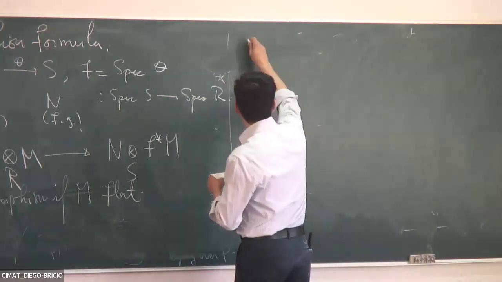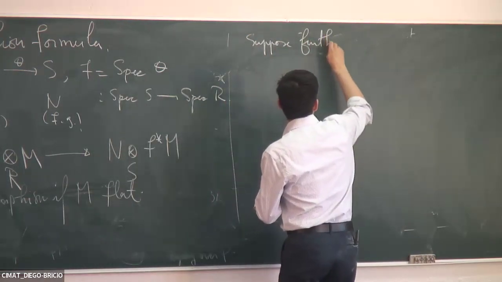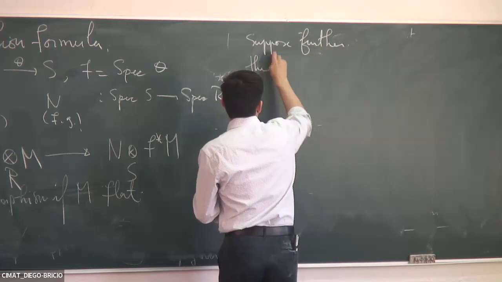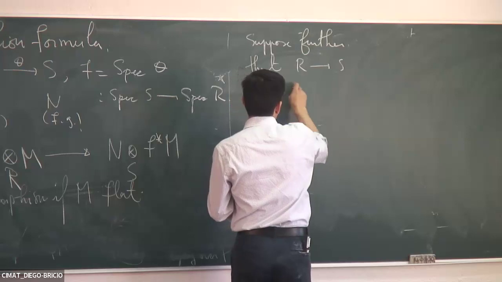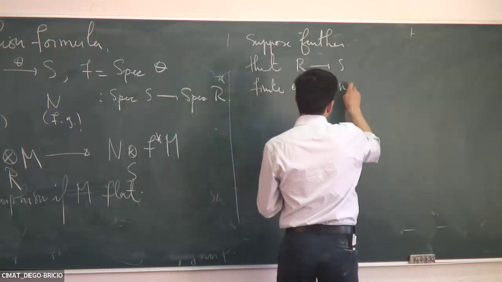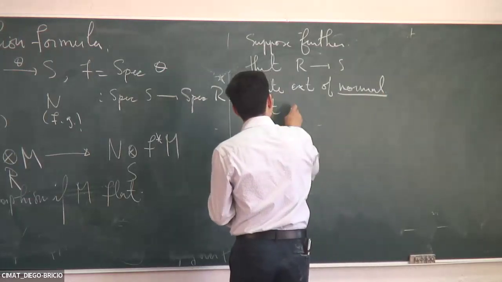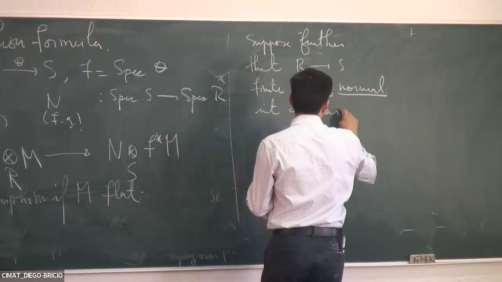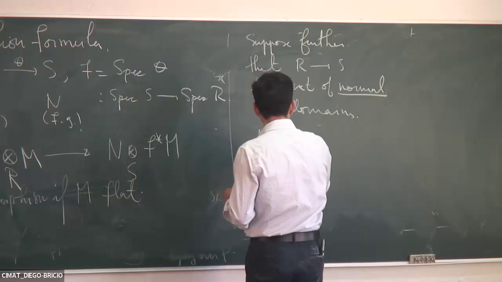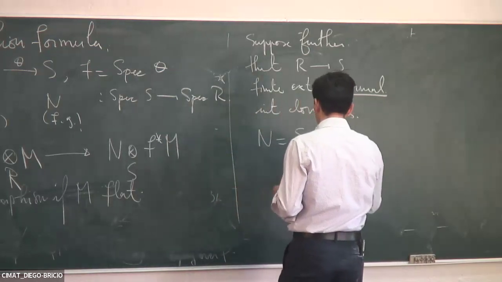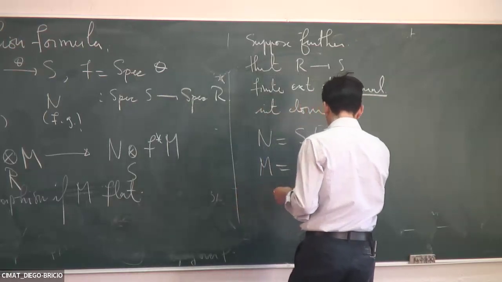So, in the same case, suppose that R to S is a finite extension of normal integral domains. And let's say that N is S(E) and M equals R(D).